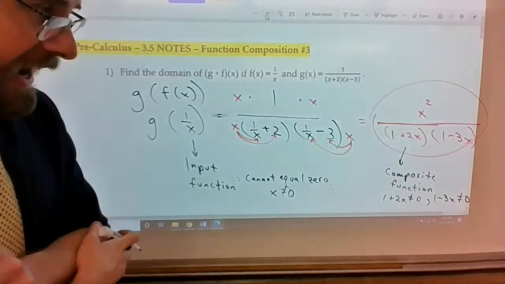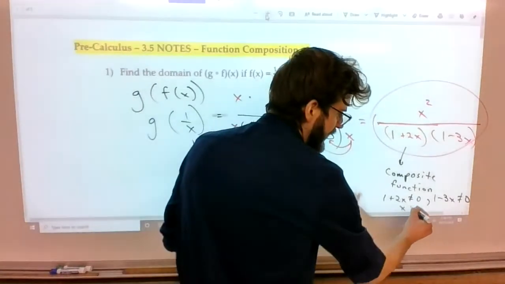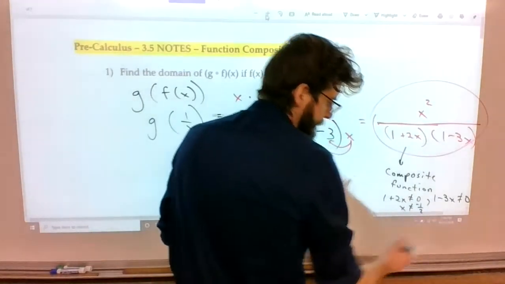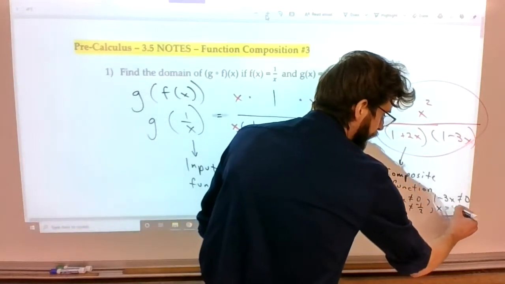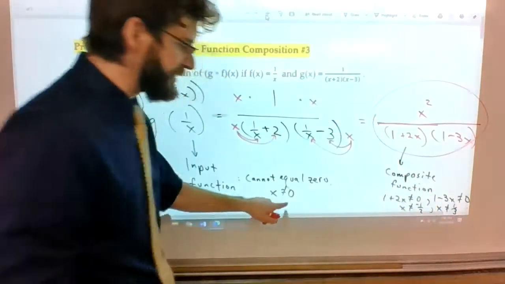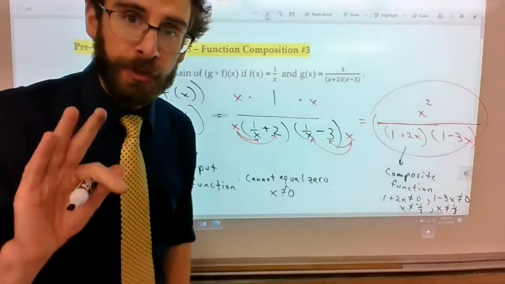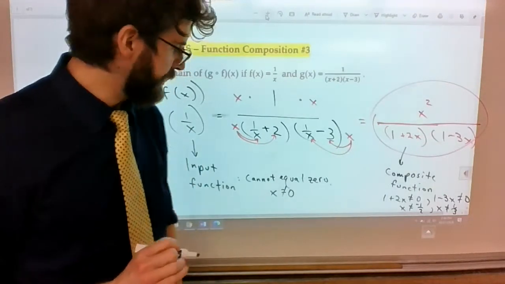Which means we've got x cannot be negative 1/2. X cannot be positive 1/3. And x cannot equal 0. So those are the three domain issues for this function.